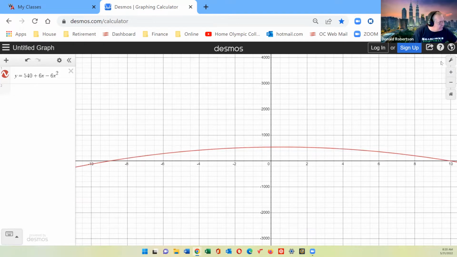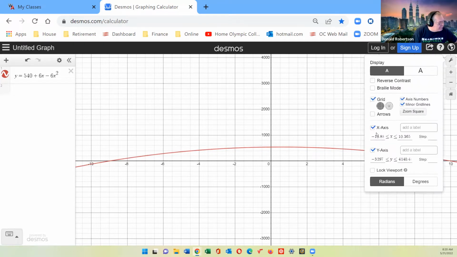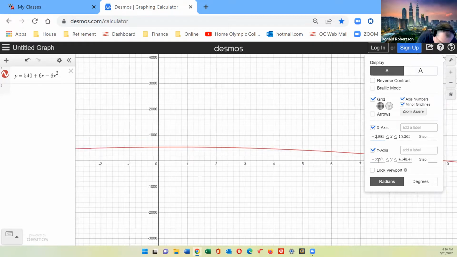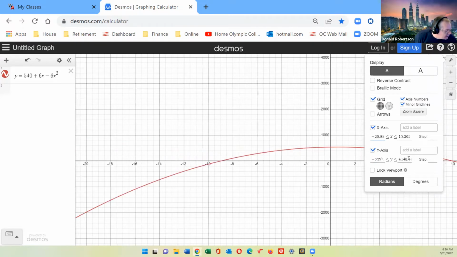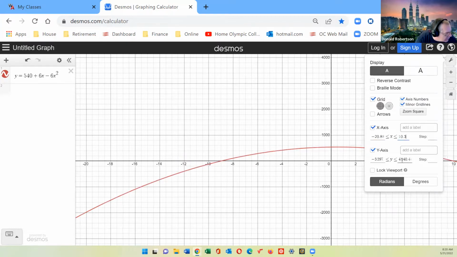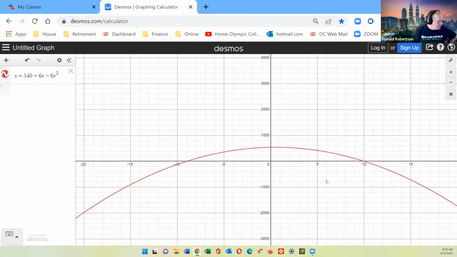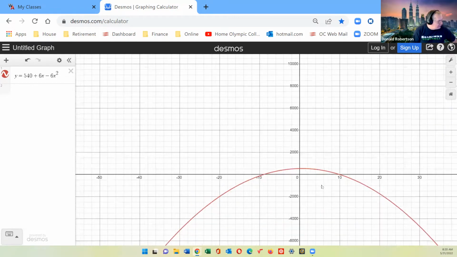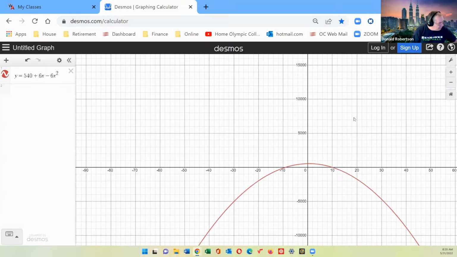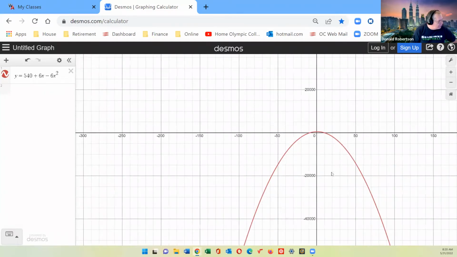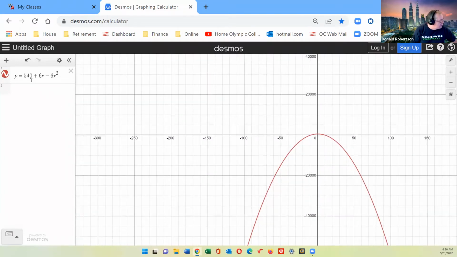Oh, I didn't make my window wide enough. I'm saying negative 10 to 10, but that really isn't a good idea. How about negative 20 to 20? Okay. Did I get that wrong? Oh, darn it. Oh, there's my mistake.